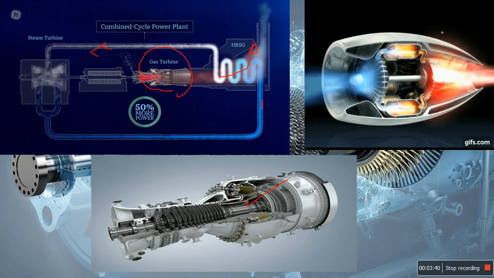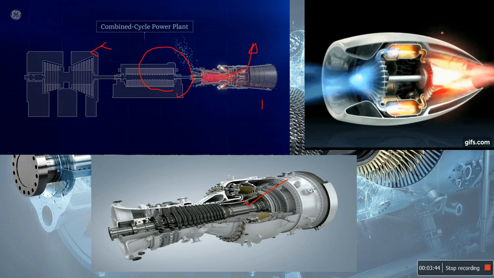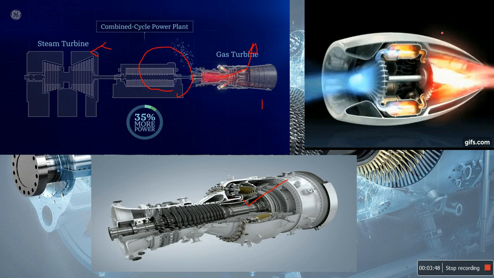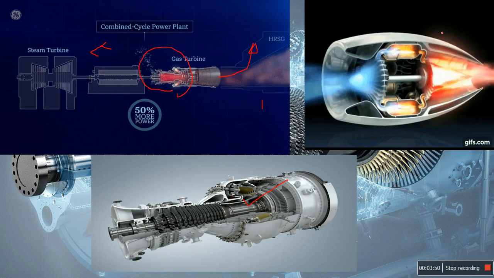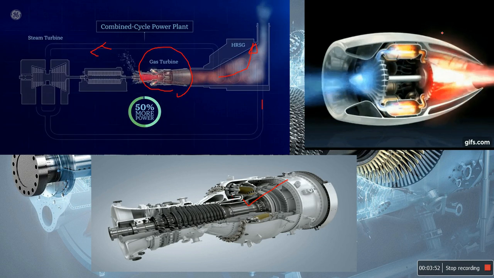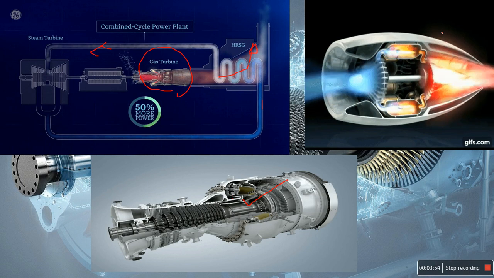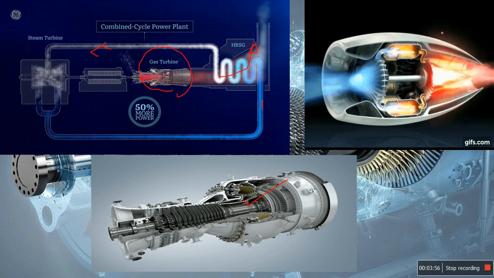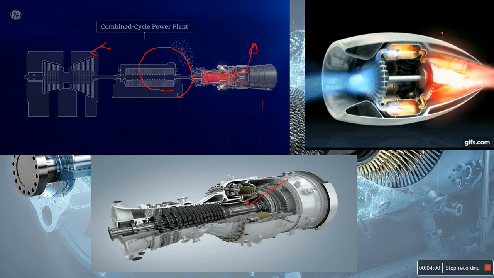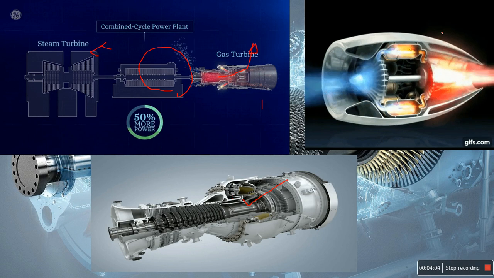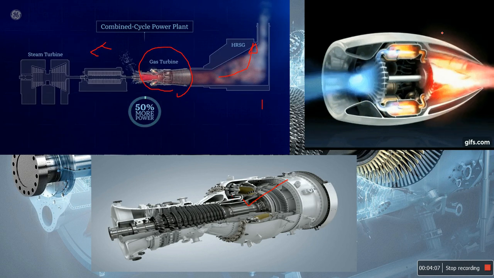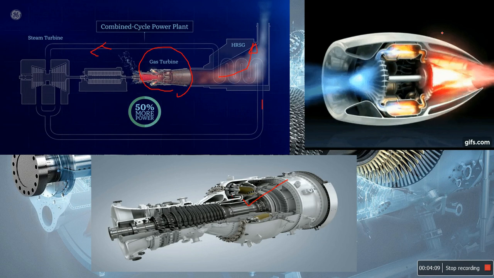I again repeat: the purpose of jet propulsion is to produce thrust force, and the purpose of the gas turbine, we conclude, is to produce mechanical power. Jet propulsion produces thrust on the principle of Newton's third law of motion: for every action there is an equal and opposite reaction. The word propulsion indicates producing propulsive motion with the help of a jet.